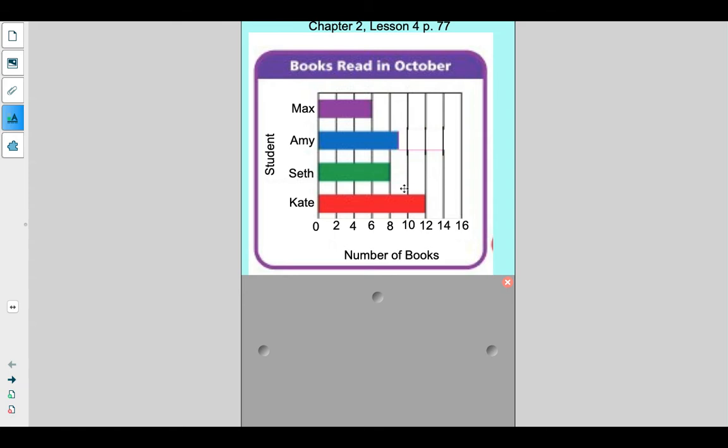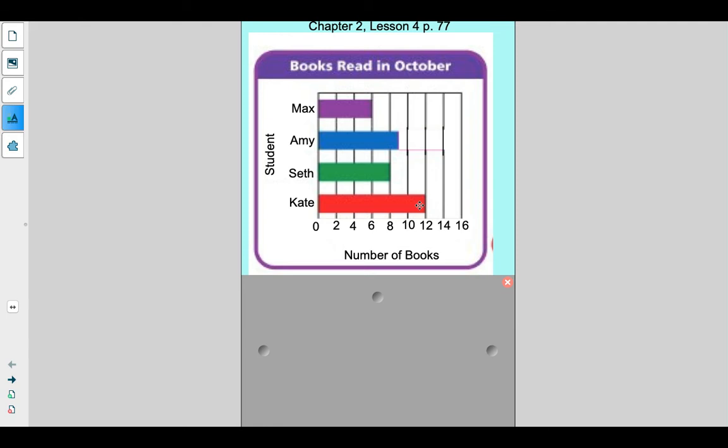So Amy read 9 books and Kate read 12 books. Maybe you could ask, how many books did the girls read combined? And you would do 12 plus 9, and that would make 21. So you can figure out stuff like that. Or you could even say, how many books were read in all? Did anybody think about that? We could figure that out.